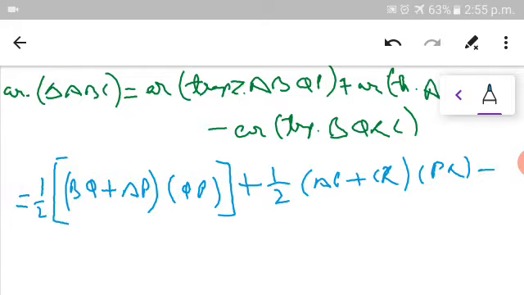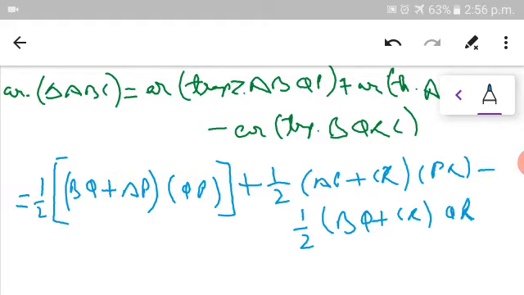Then minus, that means subtract, the area of trapezium BQRC. So 1 by 2 the sum of parallel sides BQ plus CR, multiplied by the height, that is QR.